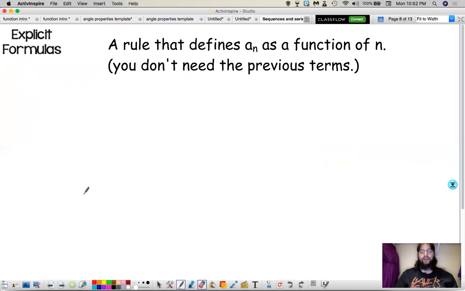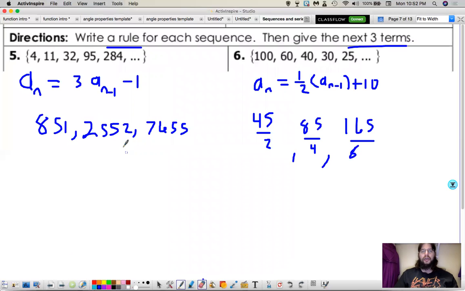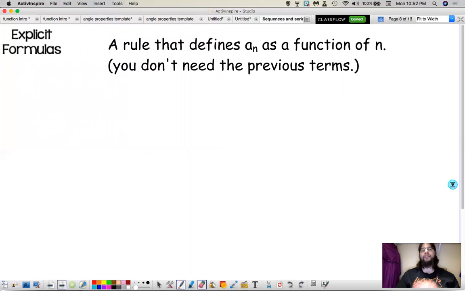I mean, a recursive formula works, yeah, sure. This formula works just fine, right? But what if I ask you for the 100th term or the 1,000th term? You'd be there a while. And your calculator would probably run out of memory, so that wouldn't work. No, not going to happen. Which is why we need to figure out how to get an explicit rule, one that does not rely on previous terms.